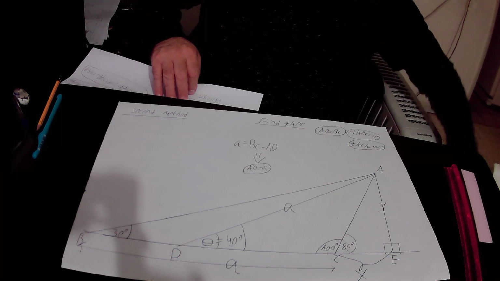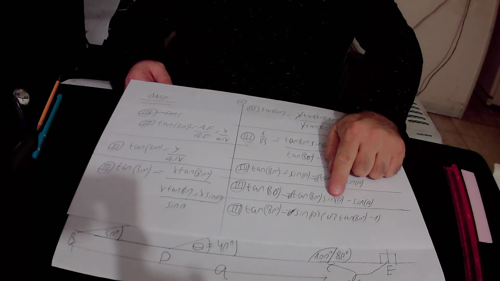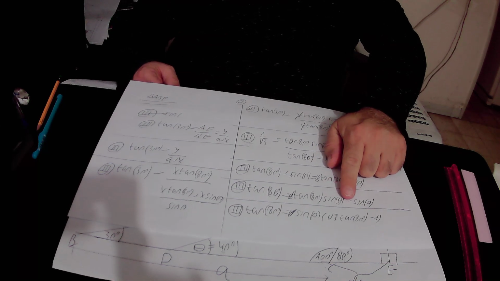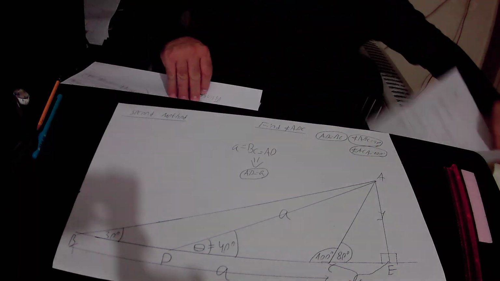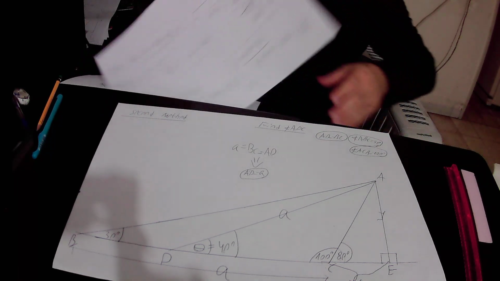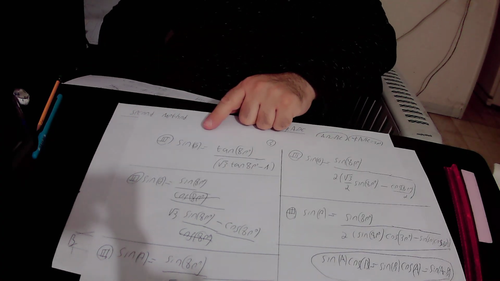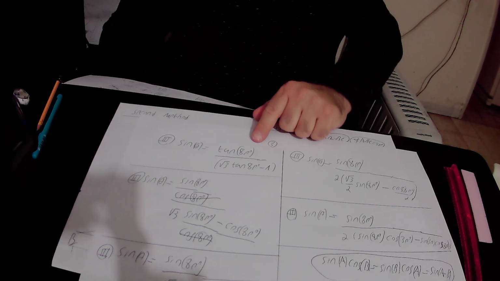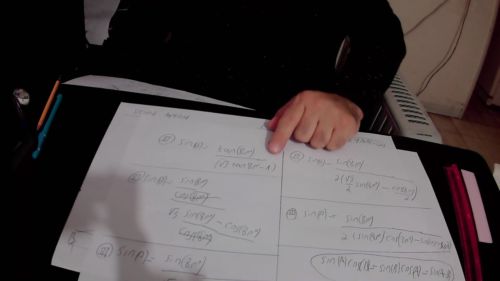Then we divided this equation number 3 by square root of 3 tangent 80 degrees minus 1, and we got that according to equation number 3, sine theta equals tangent 80 degrees over square root of 3 tangent 80 degrees minus 1.